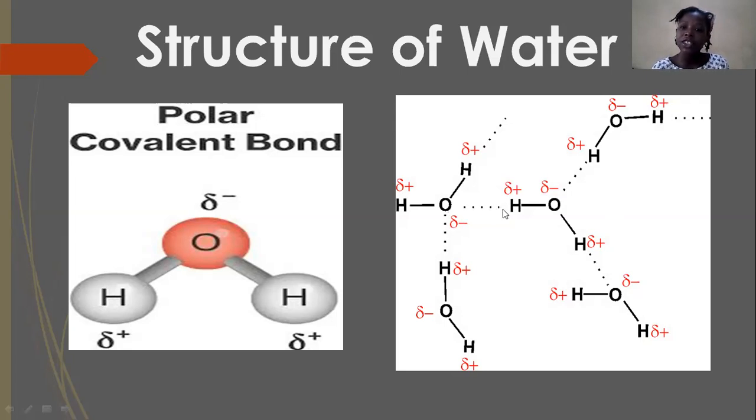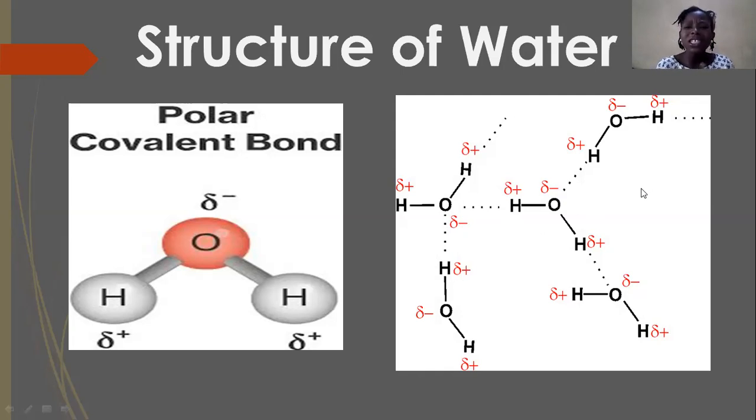This dotted line means hydrogen bond, while this straight line is a covalent bond. This dotted line is between one oxygen atom in one molecule of water and a hydrogen atom in another molecule of water. Look at it in this same one, oxygen, another hydrogen atom in another molecule, from one molecule to another molecule of water.